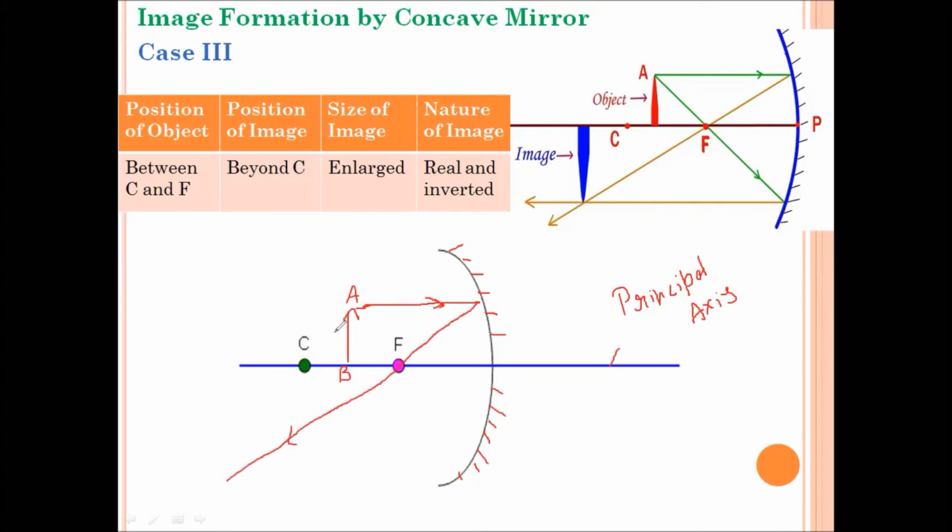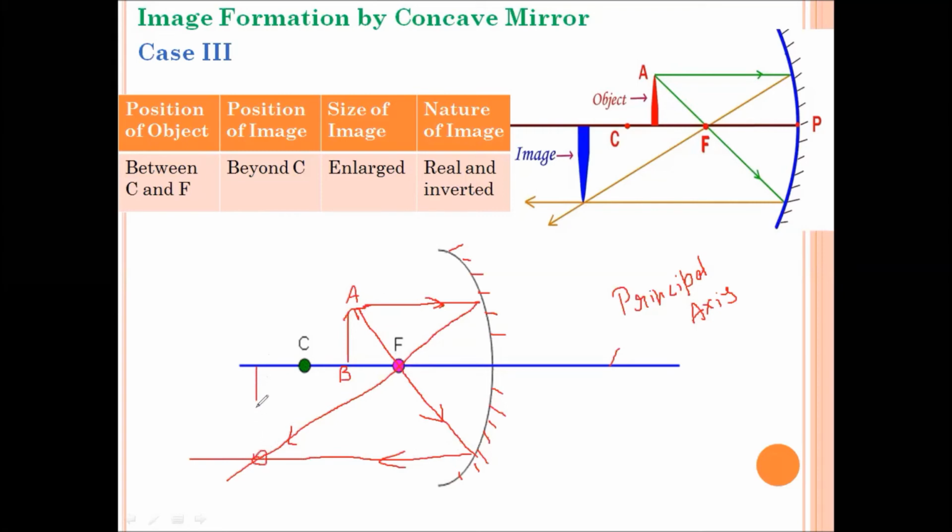And rule number 2, the ray which passes from the focus will become parallel to the principal axis. So after reflection, we can see these two rays meet at this point.